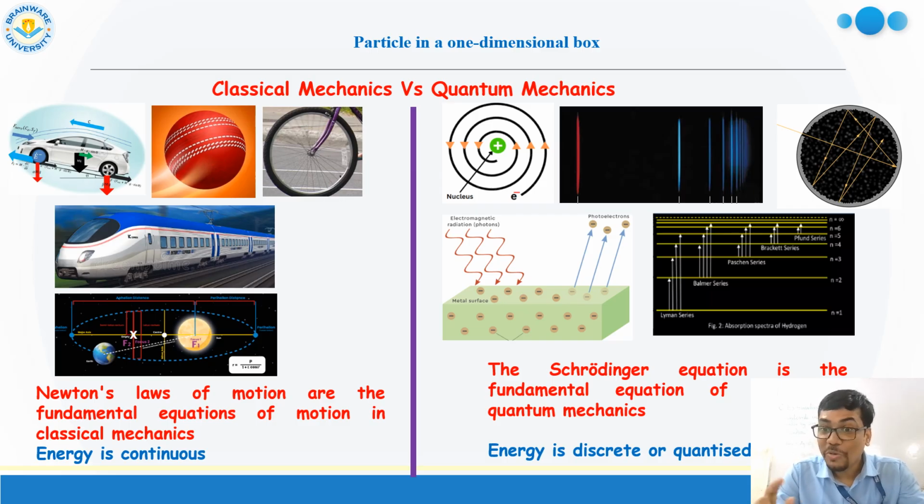Now for macroscopic particles, all the motions and everything can be explained with the help of classical mechanics, and most things in our world can be explained by classical mechanics. But for microscopic particles, like at subatomic levels, classical mechanics fails, and we have to take help of quantum mechanics.